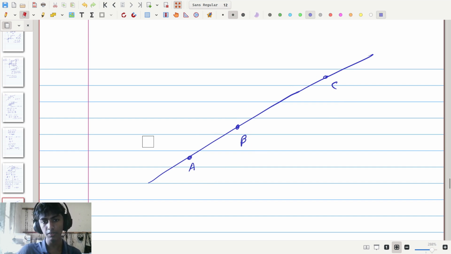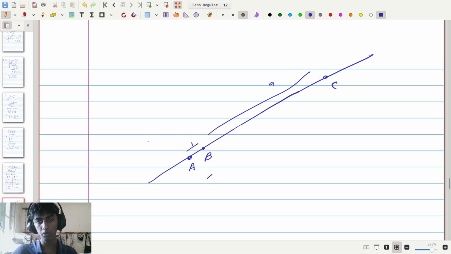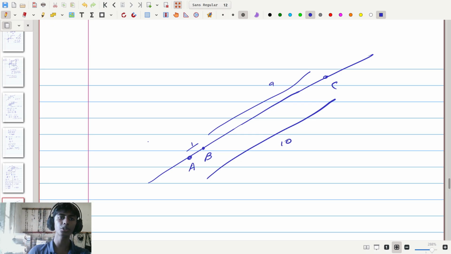If I push C even further away, such that BC is 9 away and AC is now 10 away, let's say I bring B really close to A. Now this is 1, this is 9, and the total length is 10. So now the ratio of AC to BC is 10 to 9.